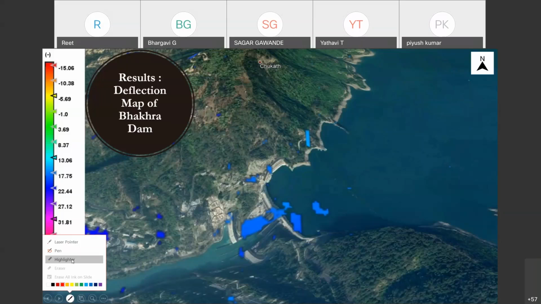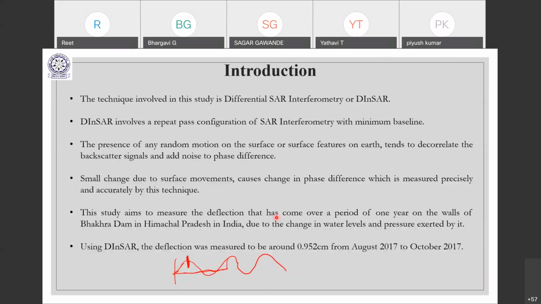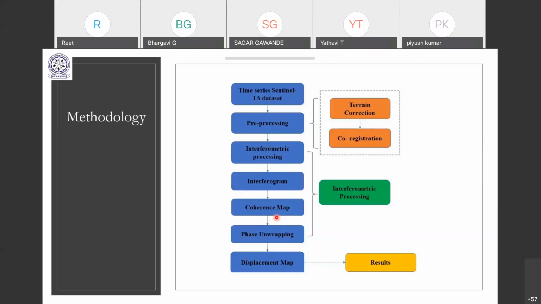This is a demonstration study which we did to check the capability of the Sentinel data. Using this data, we were able to map the deflection at the dam wall of around 0.952 centimeters, 0.9 mm during this period.